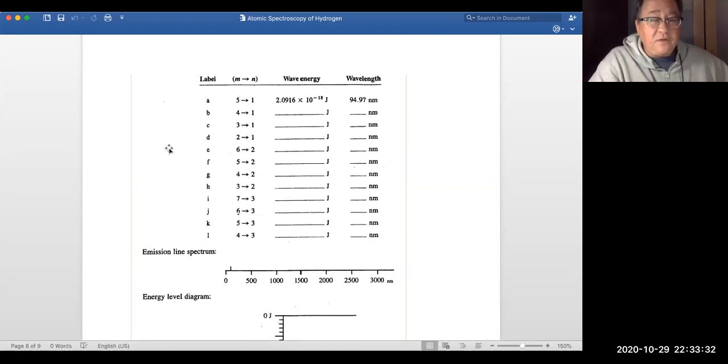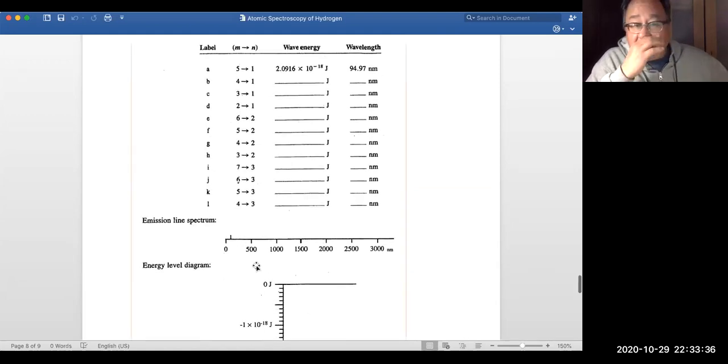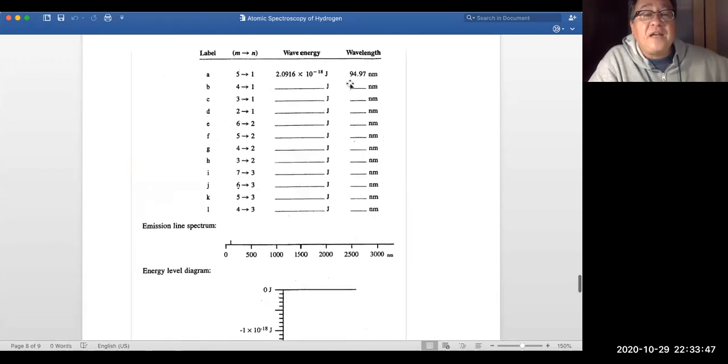Now, for the emission line spectrum, what we're going to do here is we'll put the wavelengths that we calculate in the above table down below. So I don't know if you can see that 94.97 nanometers at the top. Well, look at the scale below. We go 0 all the way to 3,000 nanometers, and it's a linear scale.